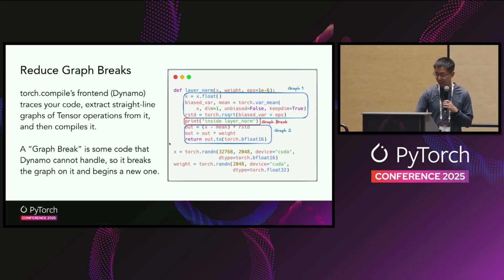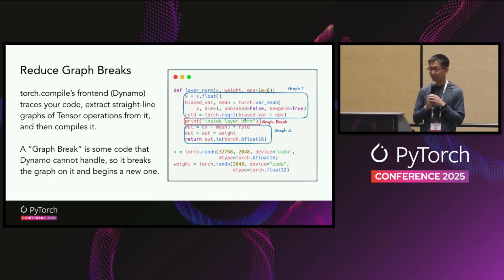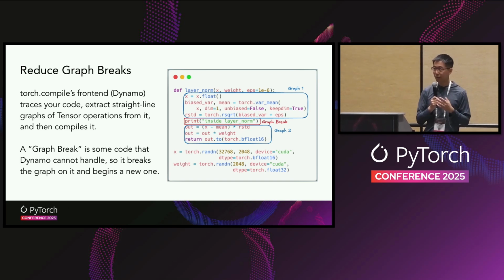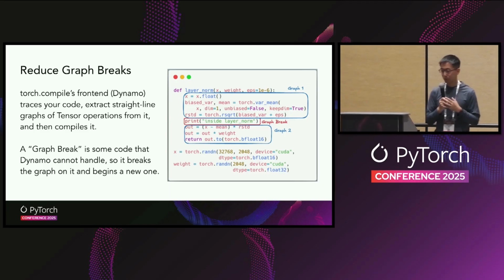The first thing is I snuck a print statement into the middle of the layer norm function. Torch.compile's front-end, Dynamo, will create a graph break on anything it doesn't support. In this case, Torch.compile decides to graph break on the print function. Why doesn't Dynamo support print functions?